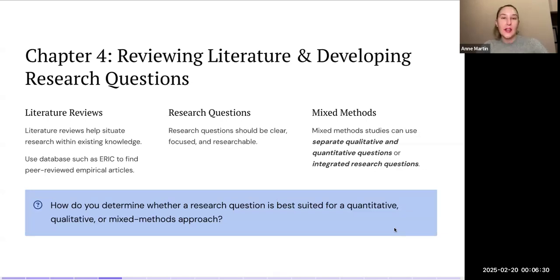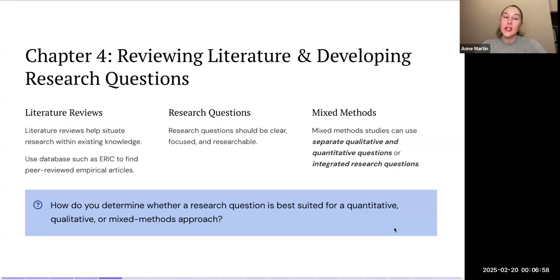So when doing a literature review, you can use a database such as ERIC to find those peer-reviewed articles. We talked about how to do that through the Georgia State Library, where you have access to all of those peer-reviewed journals, and how to search for keywords, finding synonyms for your topic, to find relevant articles that might help you understand what other researchers have done related to your topic and how that can inform your topic.